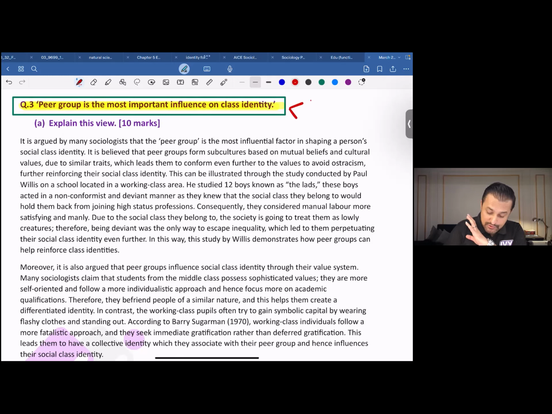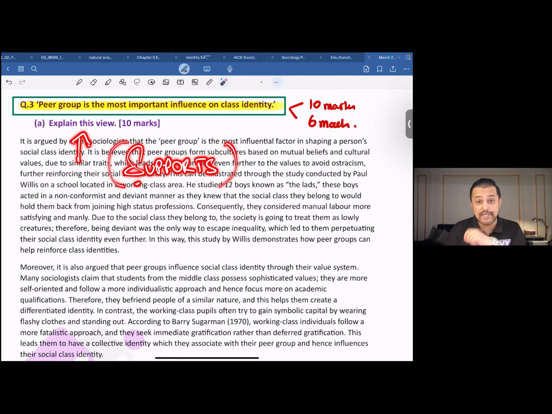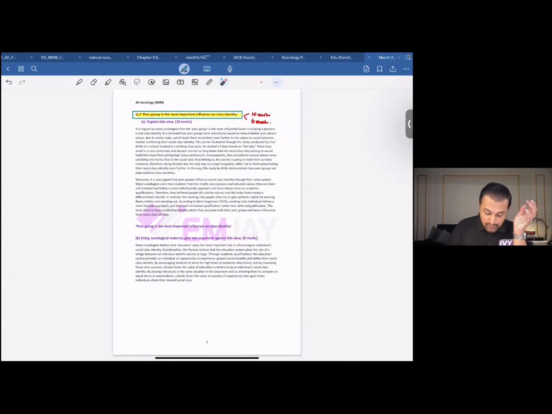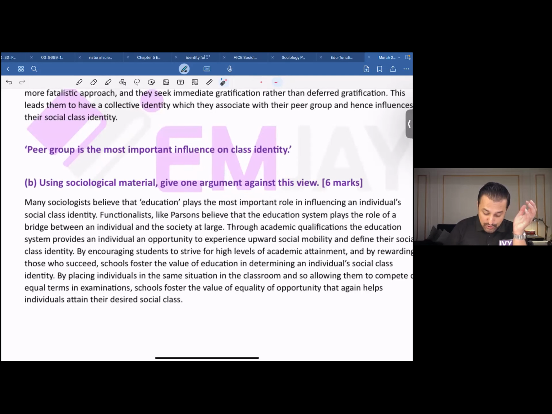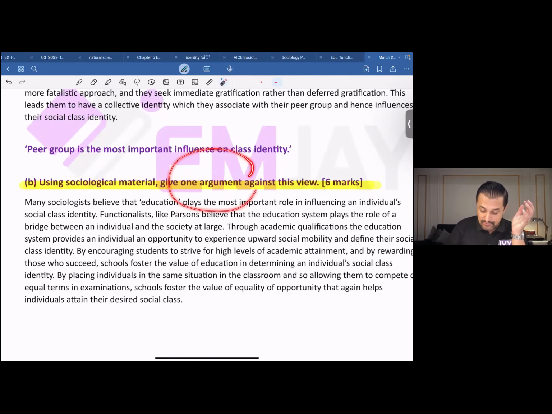The first question is of 10 marks, and the second question is of 6 marks, right? In the first question, you are asked to explain this view, or in other words, you need to write down content that supports that view, right? Whatever the statement is, just write in support of it. And for 3B, you are asked to give one sociological argument against that view. Which view? The view in the statement, right?